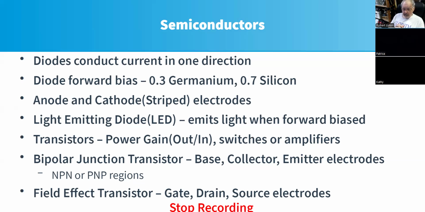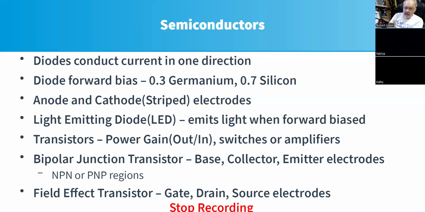There are special diodes. You learn a lot more about those in the general exam, but on the technician, the only one is really the light emitting diodes, which, in addition to acting as a diode and conducting current when they're forward biased, also emit light.